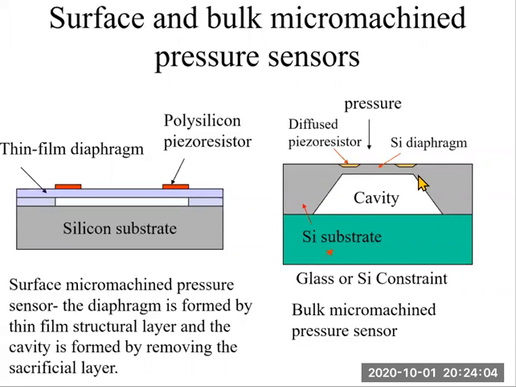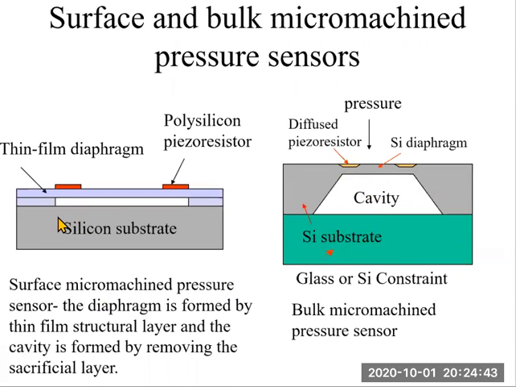And this silicon diaphragm in bulk micromachining is formed by bulk etching the silicon substrate from the backside. Okay, and we bond this silicon die to another substrate to form a sealed chamber, a sealed cavity.